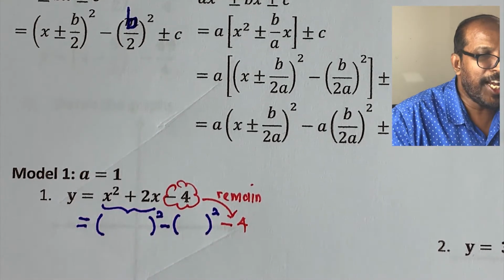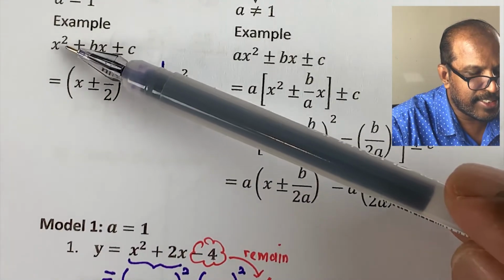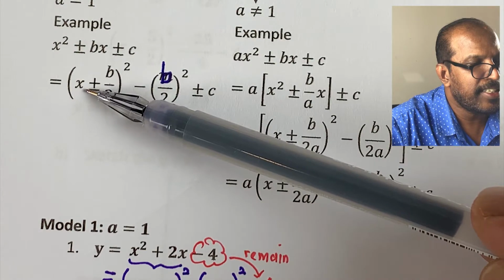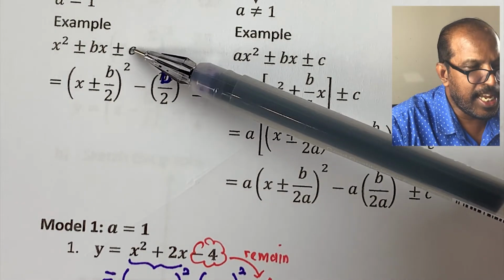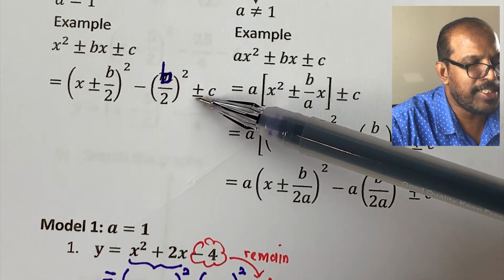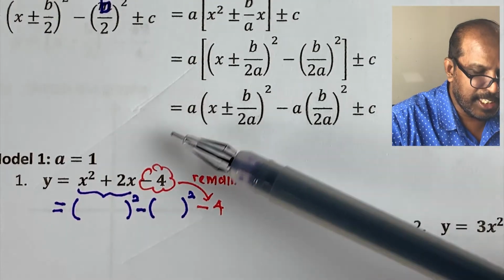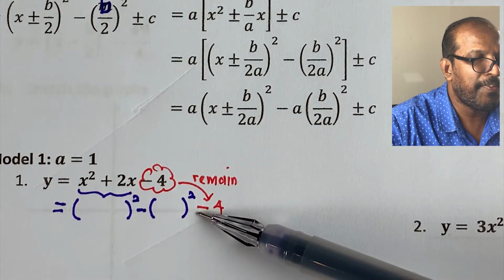Now look at the formula. If here is x, then here is x. Here is plus c, and here is plus c. Here is minus c, and here also minus c. The same thing I did here: plus minus 4, that's why here minus 4.